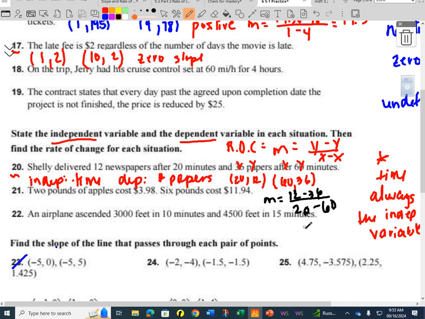Did I do it wrong? 12 and 20 and 36 and 60. No, I did it right. Y minus Y divided by X minus X. Does that make sense? No, Kira? Is that confusing? No. Okay. So on our calculator, you may just want to go ahead and do the top, the bottom, and then divide.